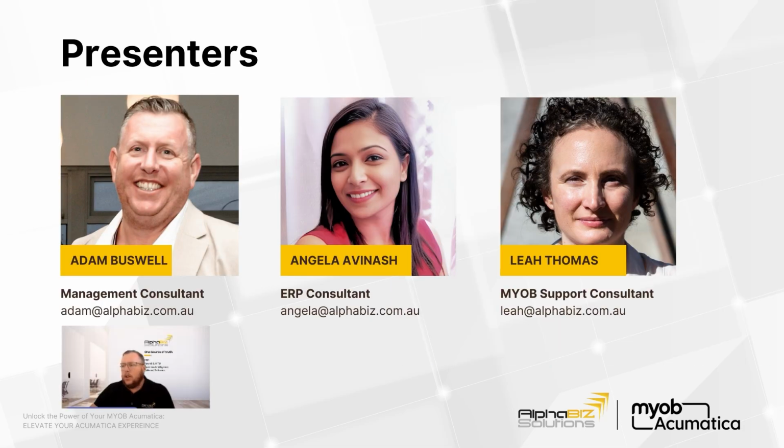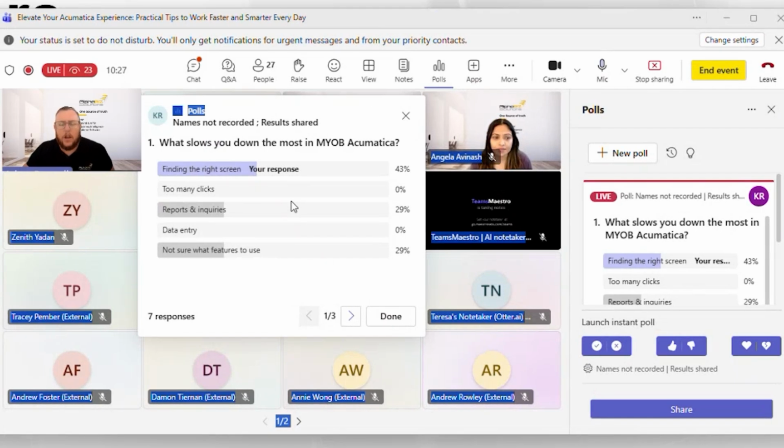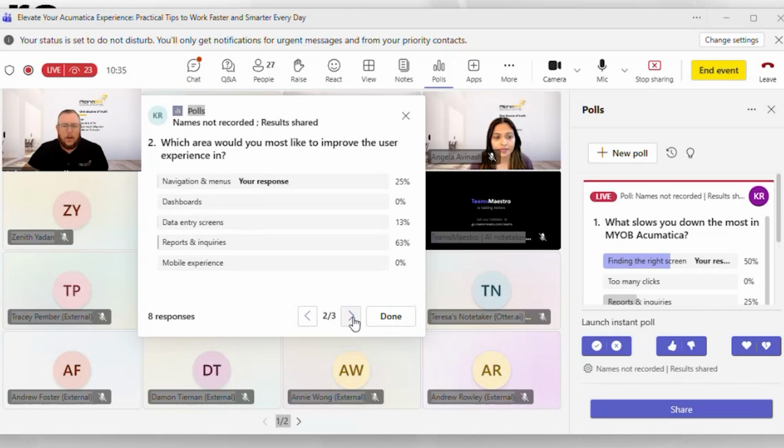Before I go on, I'll have a look at the poll. Hopefully everyone's had a chance to answer those. On the first question, the highest rating answer, I'll move that across to the screen so we can go through it. It's finding the right screen: 43% of people said that was the issue.